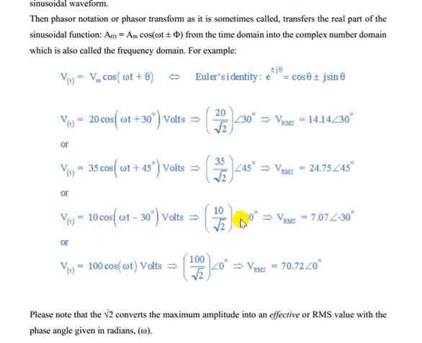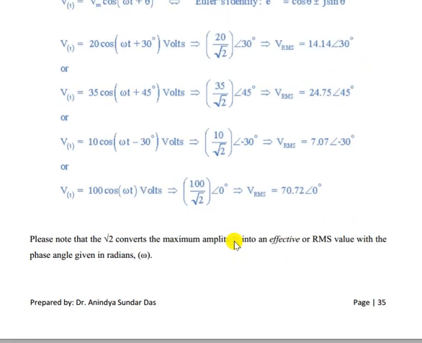For this case, the angle is minus 30 degrees. Vm is divided by root 2 to find VRMS, but the angle you have to find from the omega t plus or minus term. If it is 0 for the cosine term, we put 0 here. So this is how we can go from the given voltage value to the polar form.